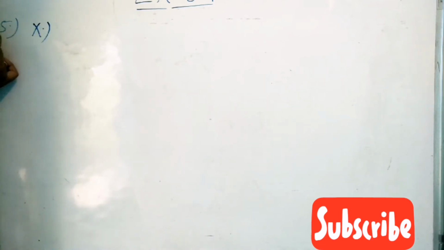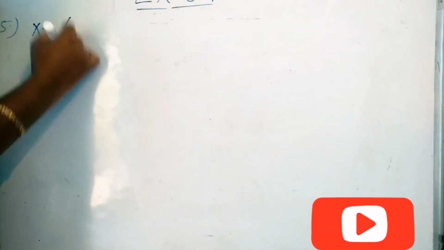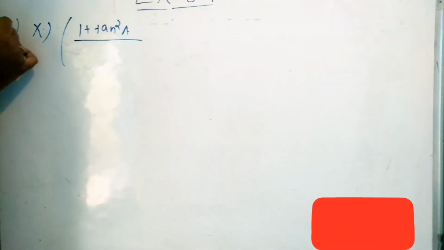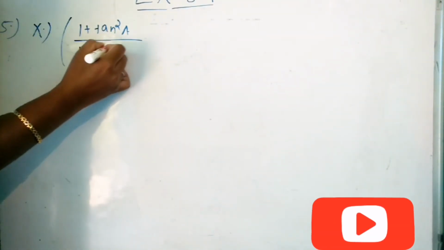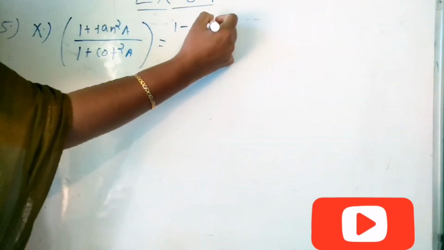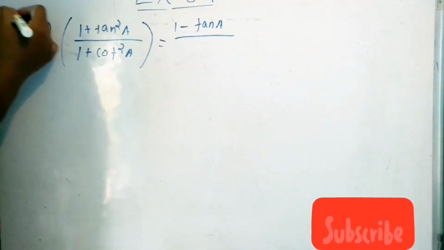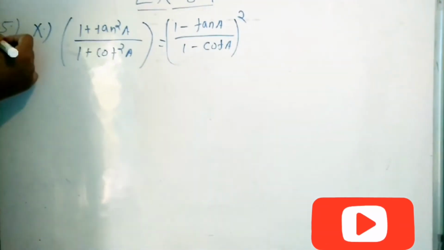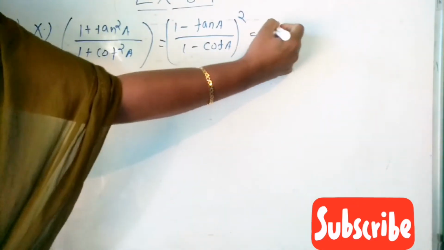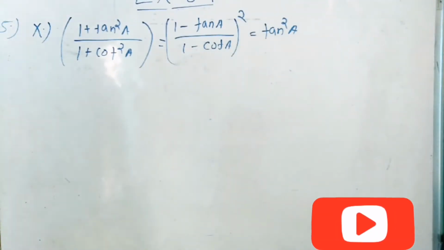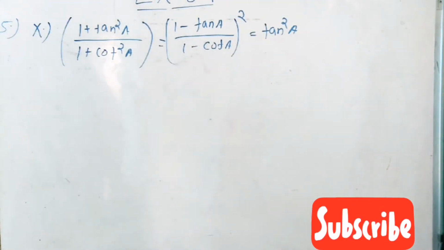Tenth one. In the 10th question, we need to prove (1 plus tan square A) divided by (1 plus cot square A) is equal to ((1 minus tan A) divided by (1 minus cot A)) all square, is equal to tan square A. We have three parts.